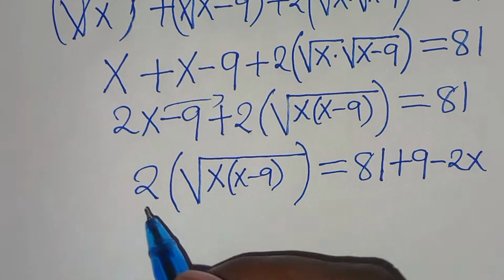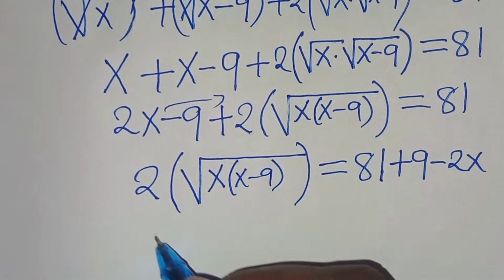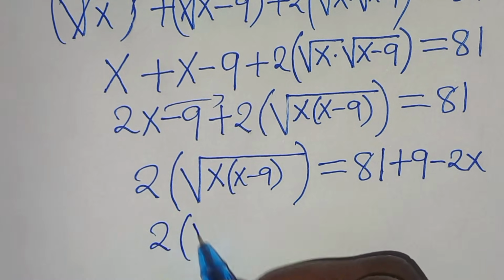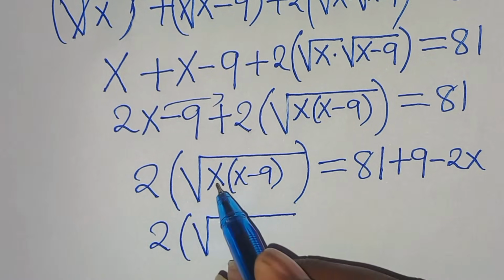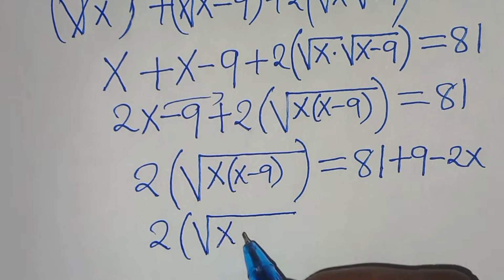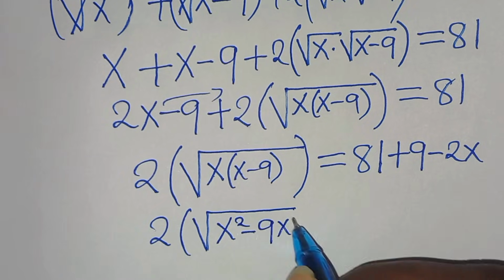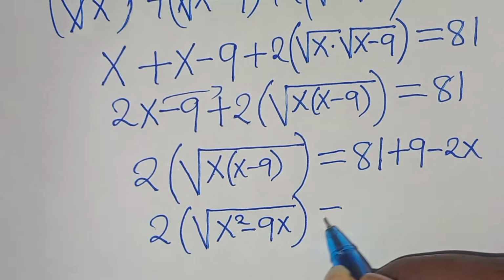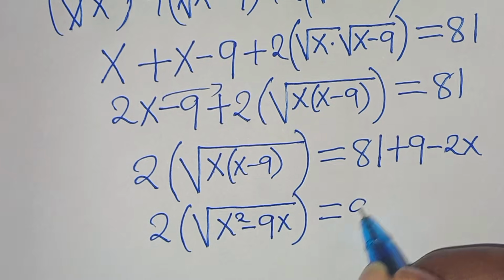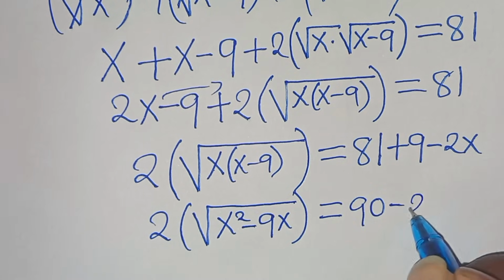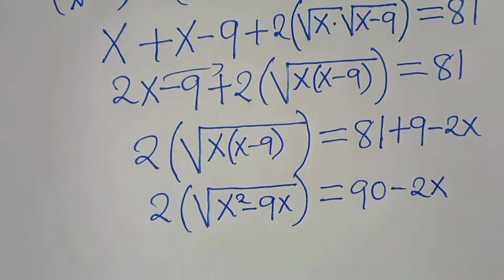So that now we have 2 into the parentheses the square root of x times x, which is x squared, minus x times 9, which is 9x. Close the parentheses. This is equal to 81 plus 9, which is 90, minus 2x.